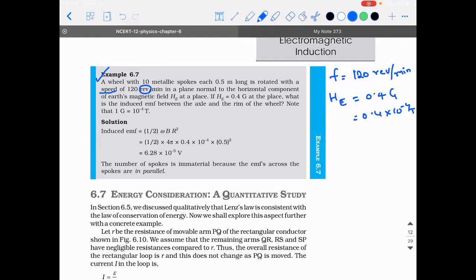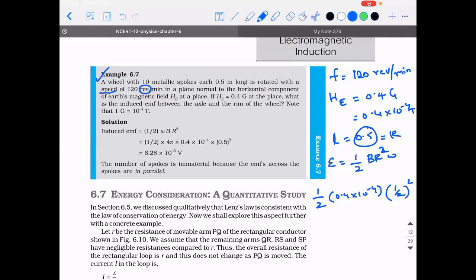It's very simple, right? Length is 0.5. The number of spokes is 10. So what is the formula for EMF? Half into B R square omega. That's what we derived in the previous problem. So half into B, which is 0.4 into 10 power minus 4, into R square, where R is nothing but L here, so 0.5 square, into omega.